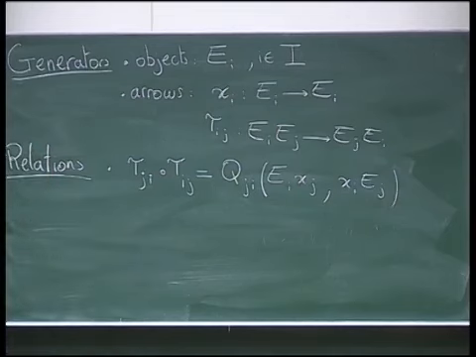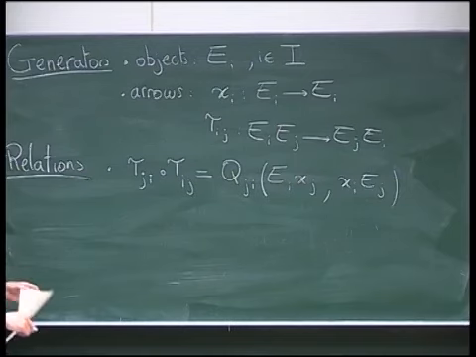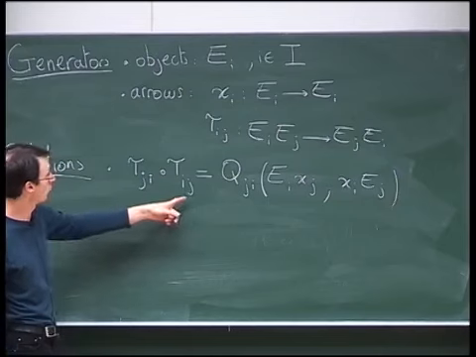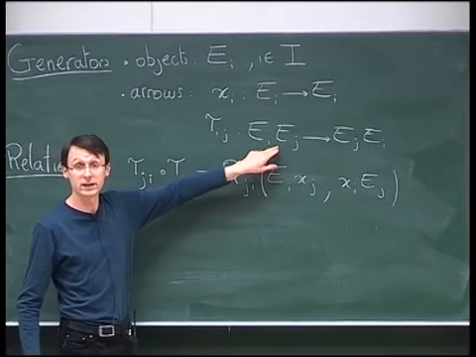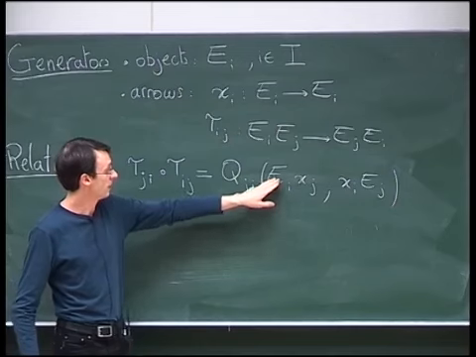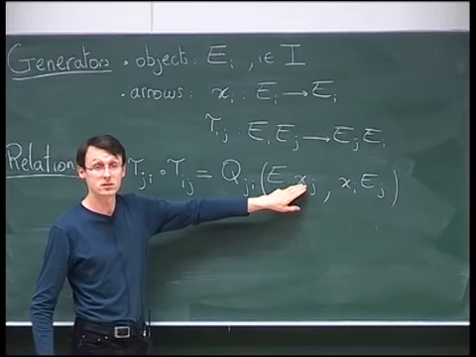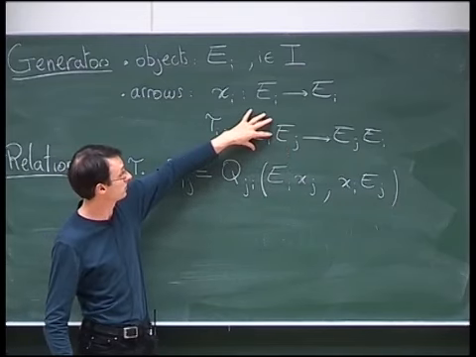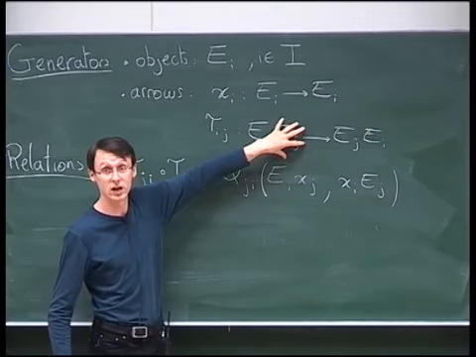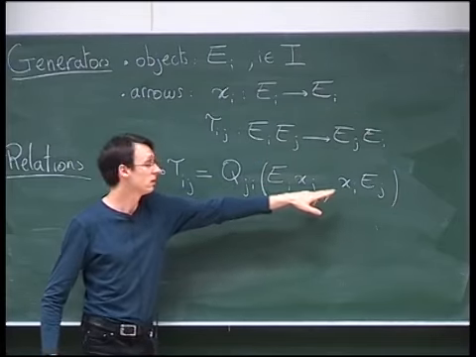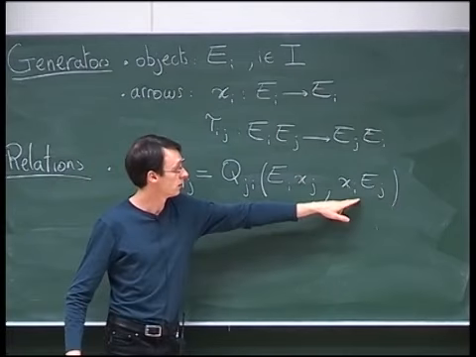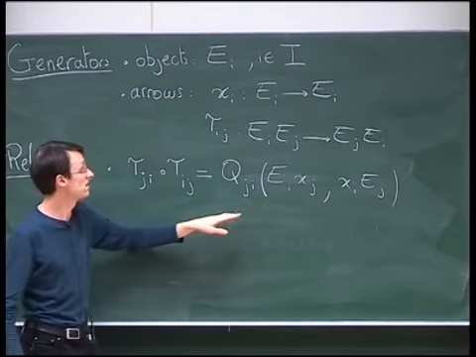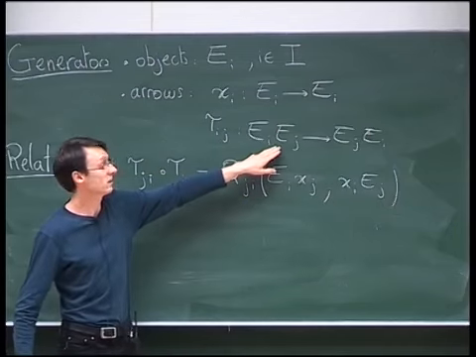Now I need to explain what I mean by this notation here. So that is an endomorphism of the object E_i E_j. E_i times x_j denotes the endomorphism of that object. That is, you do nothing here, you do the identity here, and you multiply by x_j on E_j. And similarly here. And now we take a polynomial in those two variables. So that defines an endomorphism of this object E_i E_j.